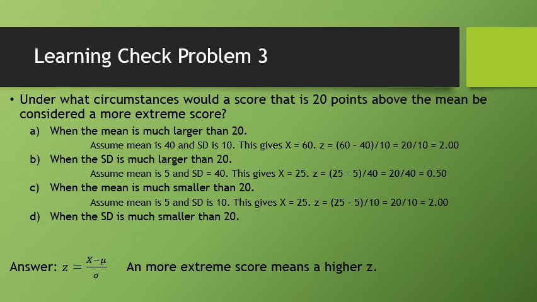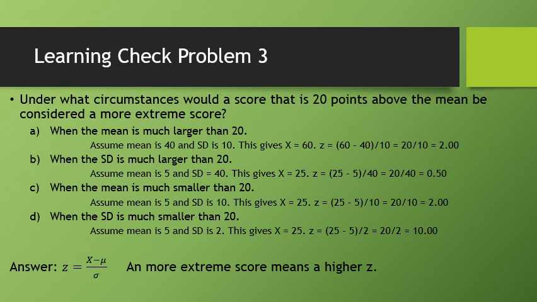How about when the mean is much smaller than 20? We'll assume that the mean is 5, and the standard deviation is 10, a normal standard deviation. This gives a score of x equals 25. Again, we find the z-score to be 2.00. Lastly, when the standard deviation is much smaller than 20.